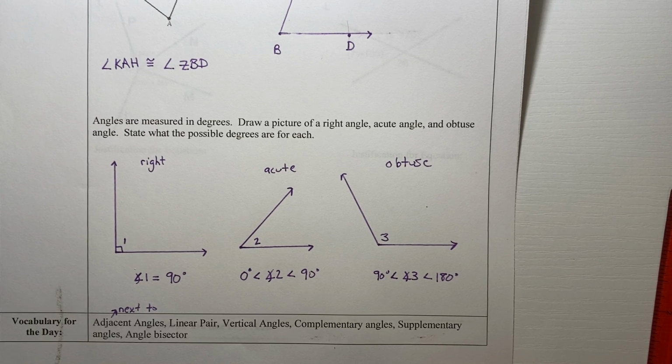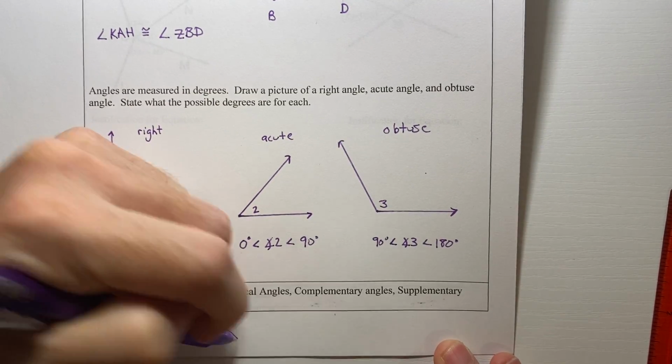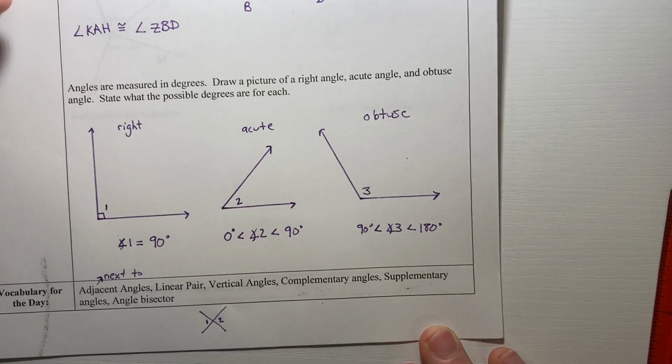A linear pair, those are angles that are composed of a line. It doesn't necessarily have to be two angles. It could be more than two angles, but it is composed of 180 degrees, which is a line. Vertical angles are angles that are across from each other. So if you have an X, I'm just going to draw a little diagram here. If I have an X situation, angles 1 and 2 would be vertical angles.